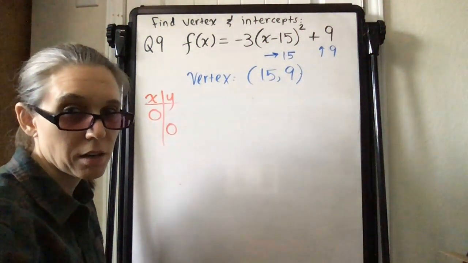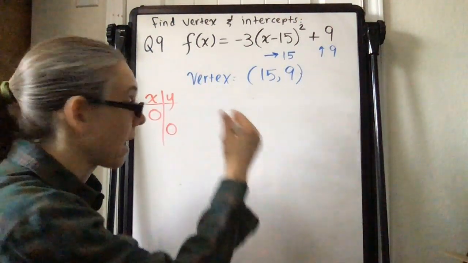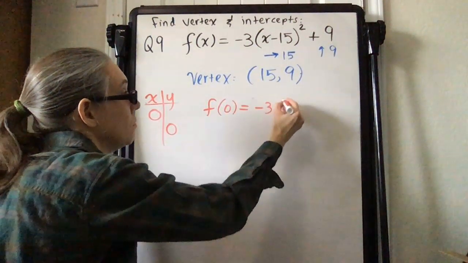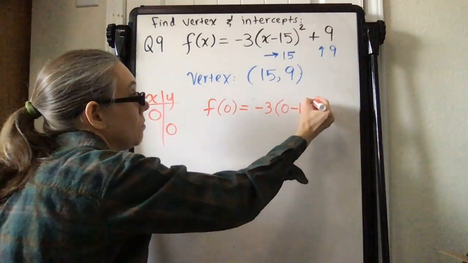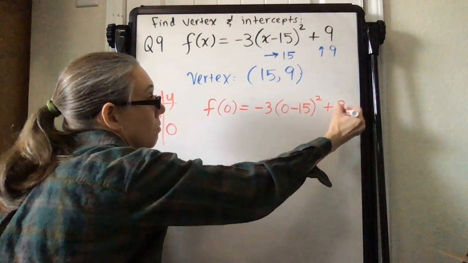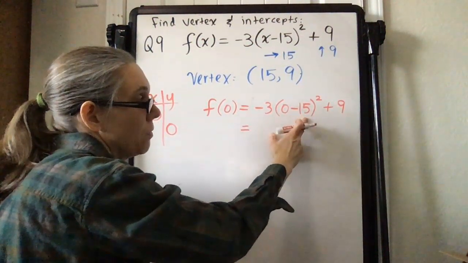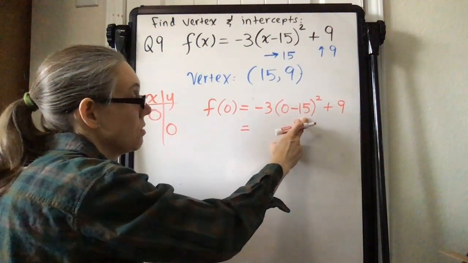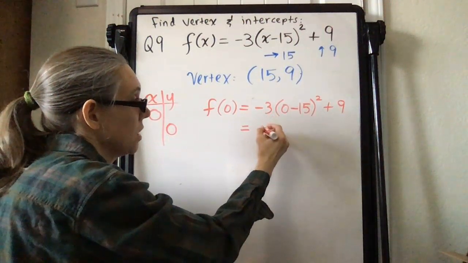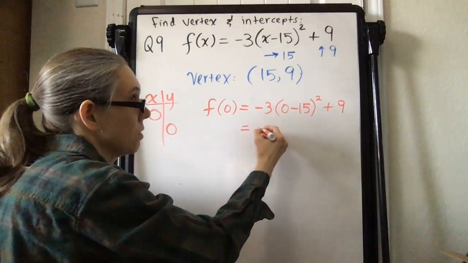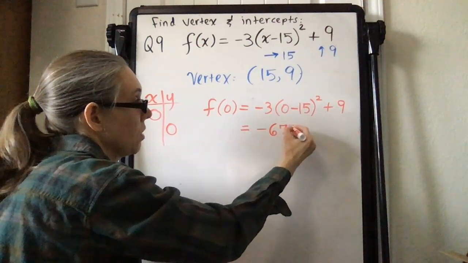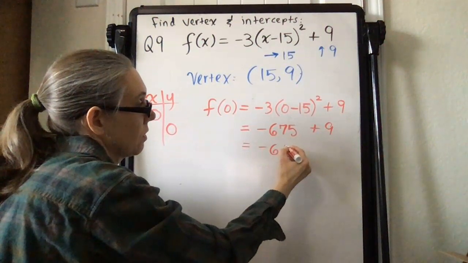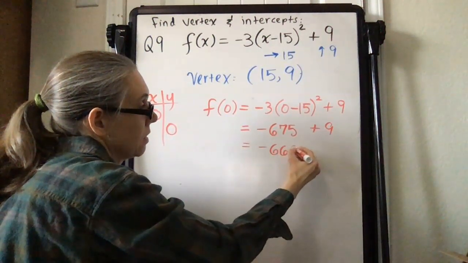Okay, so here we're going to plug in 0 for X for starters. -15 squared is 225. 225 times 3, oh goodness, -675 plus 9 is -666.